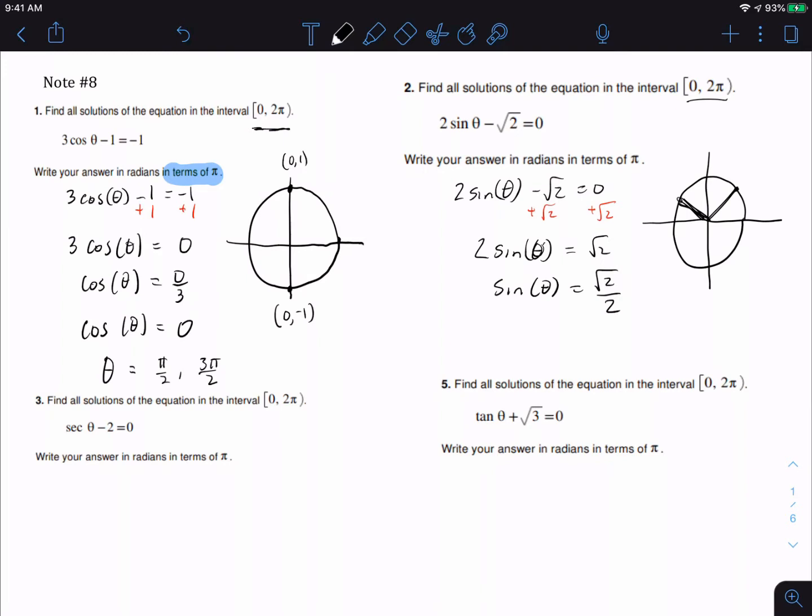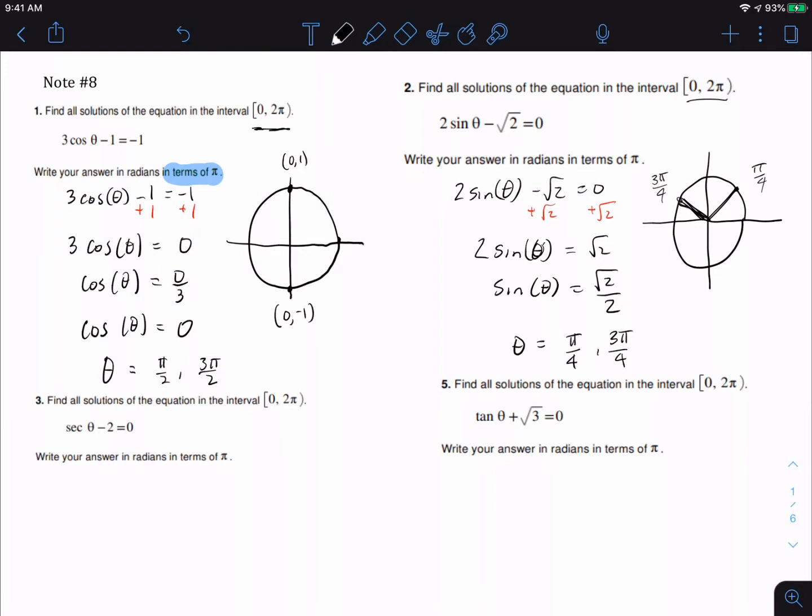So that occurs at pi over 4, and it occurs at 3 pi over 4. So my theta in this case is going to be pi over 4 and 3 pi over 4. So you can see this is pretty straightforward. It's really not too bad.